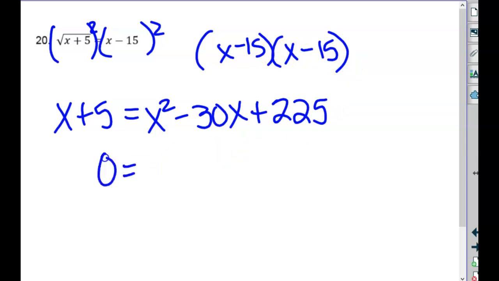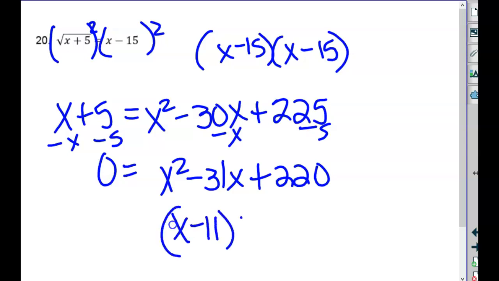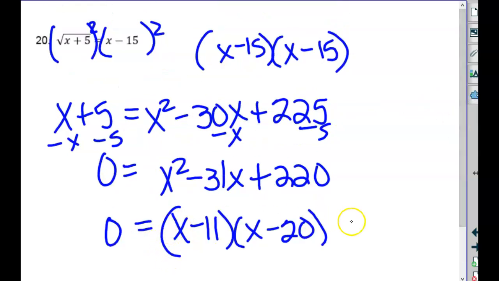Then you have to make it equal to 0 by subtracting these over here. So we get x squared minus 31x plus 220, which factors as x minus 11 and x minus 20 maybe? Does that work, guys? So we get x equals 11 or 20.